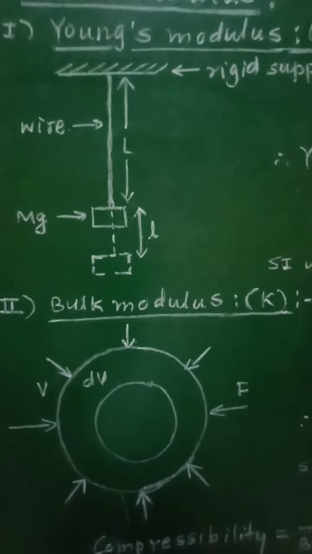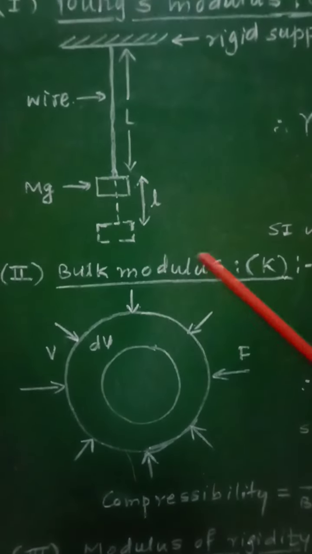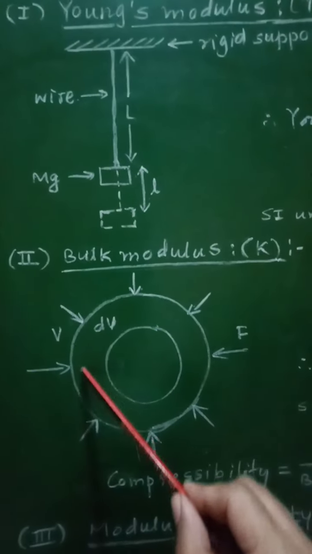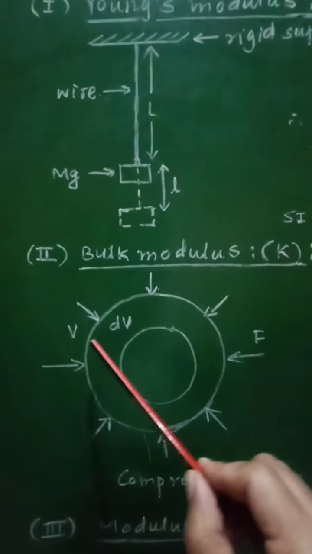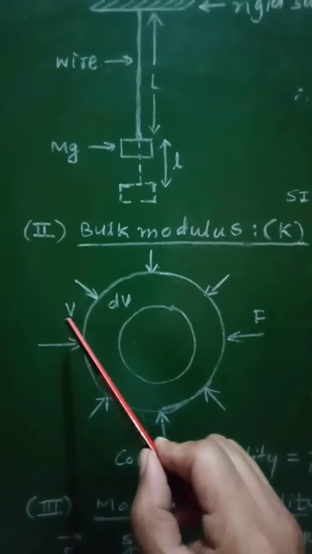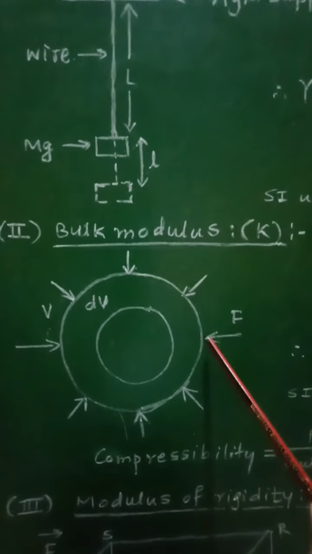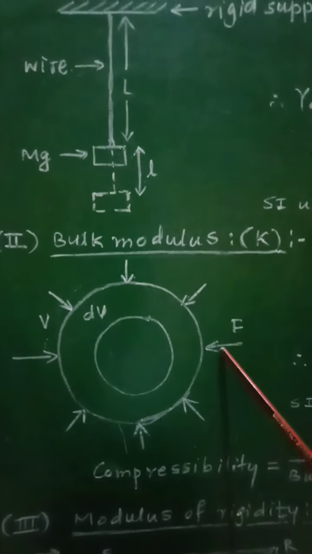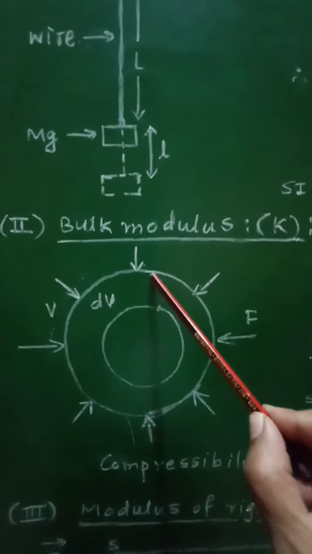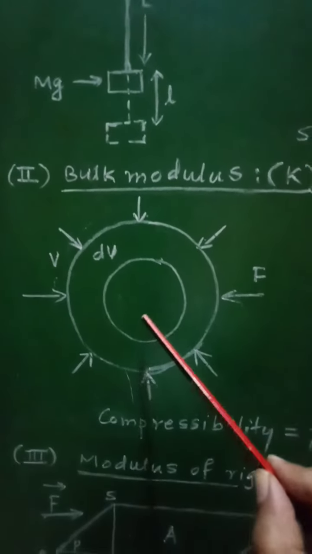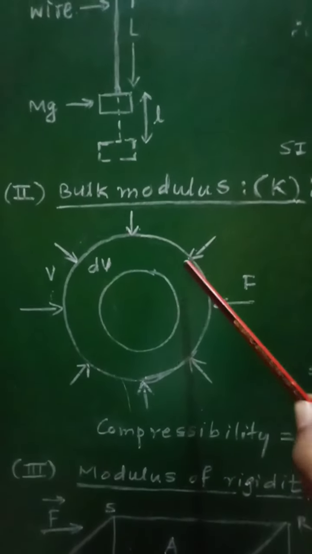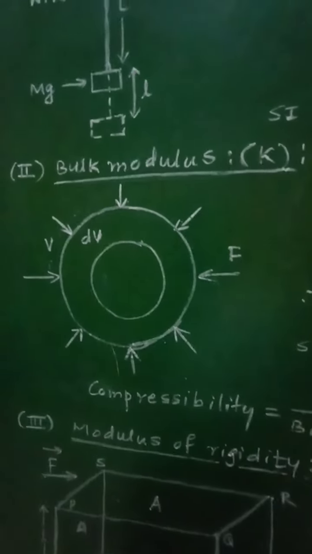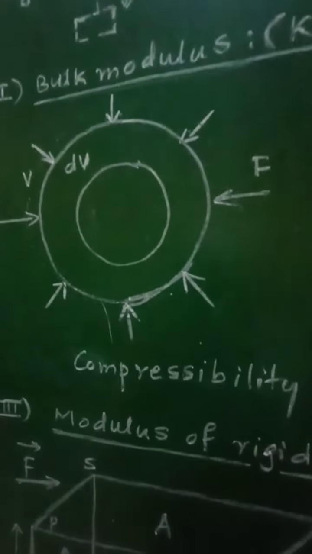To explain this concept, let us consider a sphere having its original volume as V. Then the force F acts uniformly in all directions on the surface of this sphere, directed inwards, so that this sphere gets compressed, that is there is a decrease in its volume.